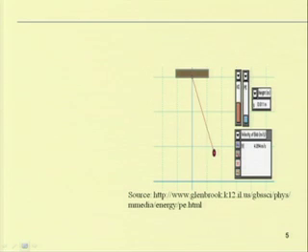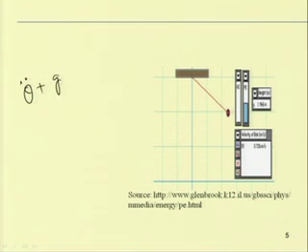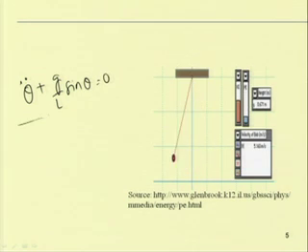The linear equation of motion can be written as theta double dot plus g by L sin theta equal to 0. For small theta, sin theta equals theta, and this equation reduces to that of a harmonic system, theta double dot plus g by L theta equal to 0. So the motion is simple harmonic.